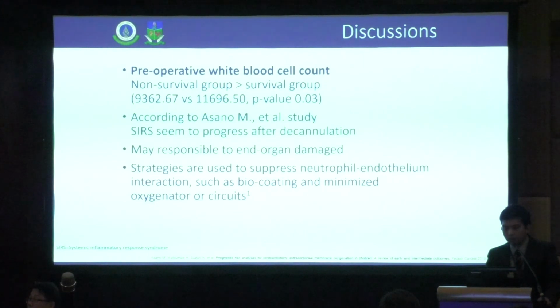According to the Sano study, they commented that the systemic inflammatory response syndrome is seen to progress after the deconversion. It may be responsible for organ damage. The strategies used to suppress the neutrophil-endothelium interaction include bio-coating and minimizing the oxygenator or circuit.